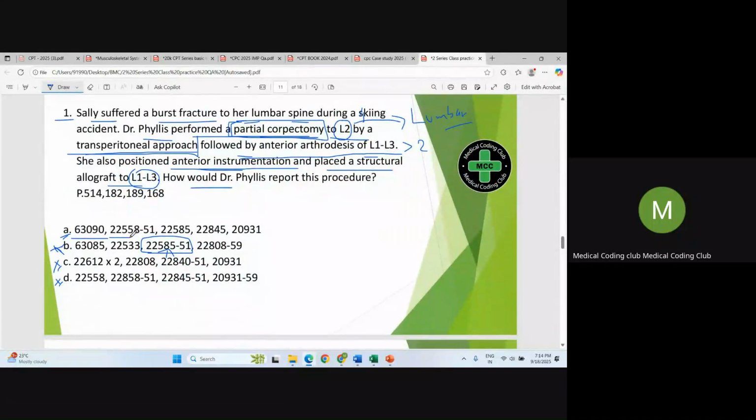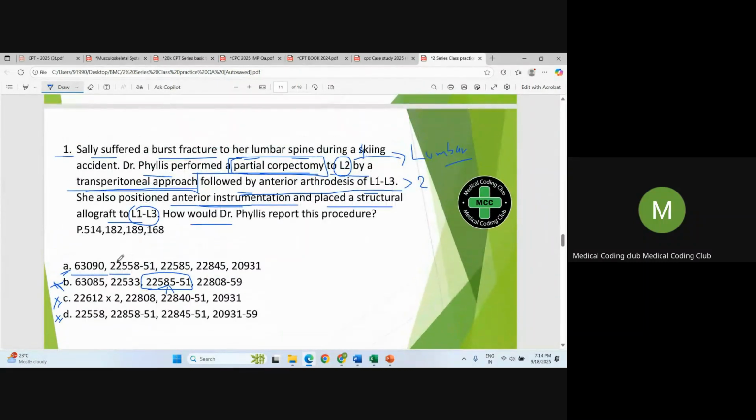Okay, so next we have 22558 and 22585. These two codes are arthrodesis codes. Okay, and as you can see, between L1 to L3, there are two interspaces.